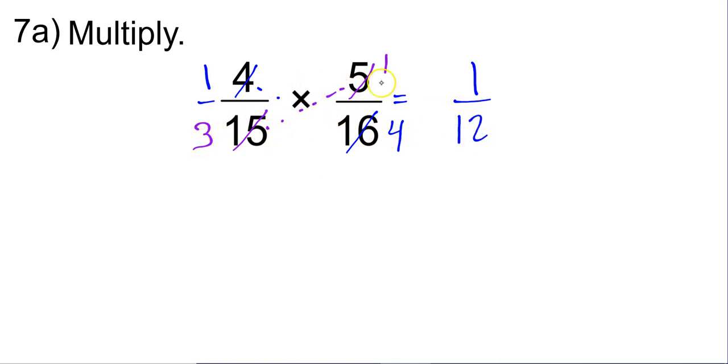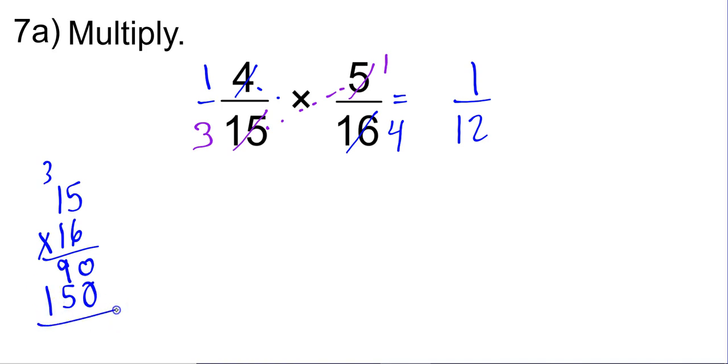If you don't cross cancel, what happens is you have to go figure out how many times you are going to reduce to get down to 1/12. So let me do the math here real fast. The denominator, if you multiplied 15 times 16, would be 240, and then our numerator would be 20 over 240.